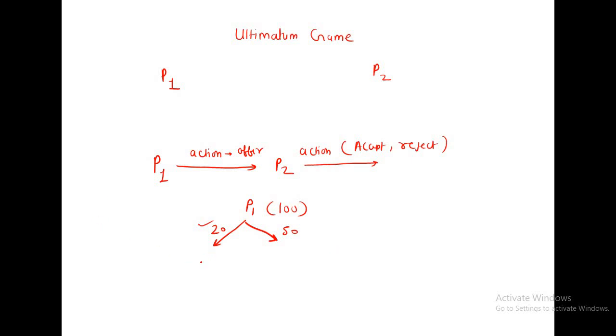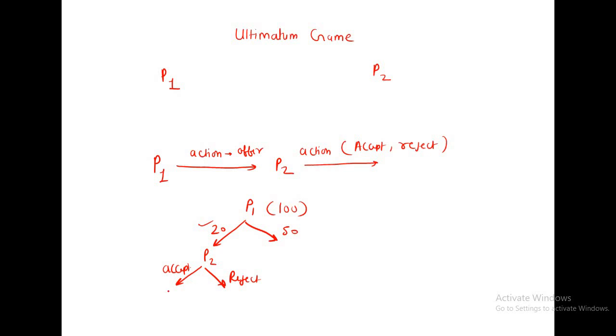Now who will act next? After that history, player 2 will act, and player 2 has two options, either to accept the offer or reject the offer. As per this ultimatum game, if player 2 accepts the offer, then that offer will be taken by P2.